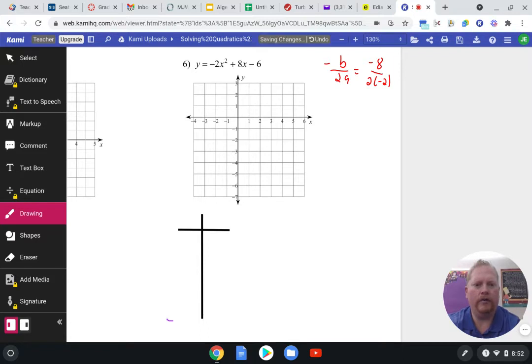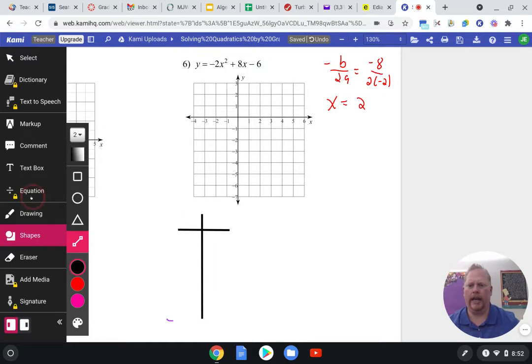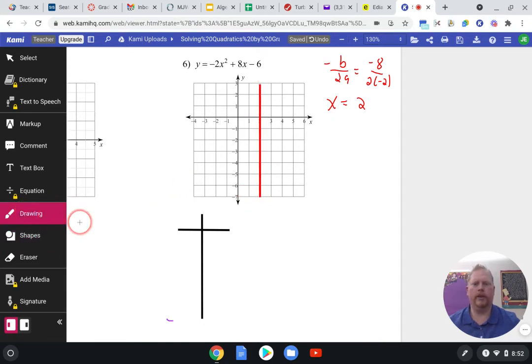So negative 8 over negative 4, I get x equals a positive 2. So I can go ahead and I'm going to draw a line. All right, so now I have my axis of symmetry.